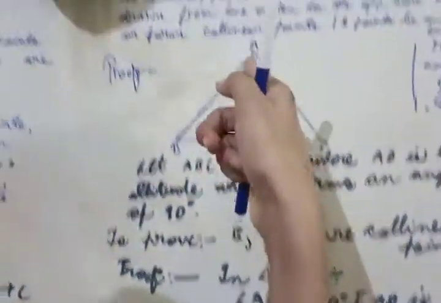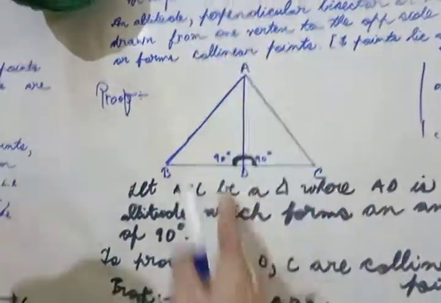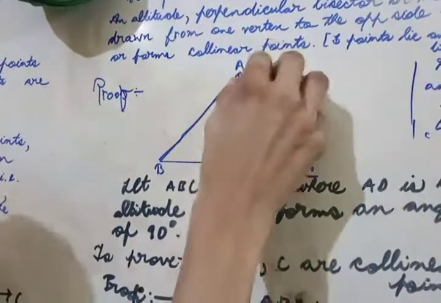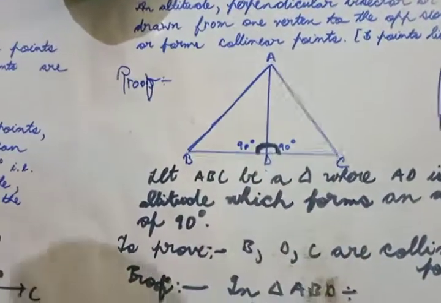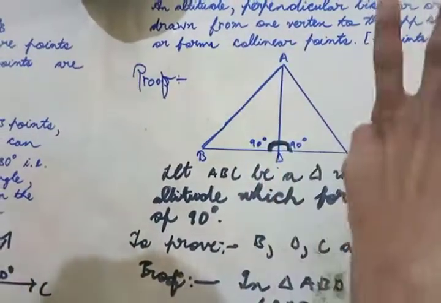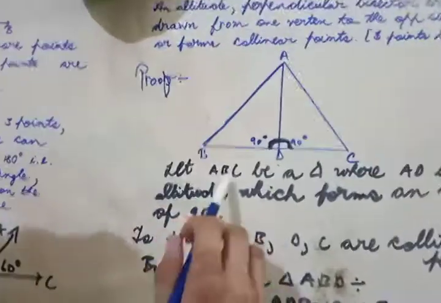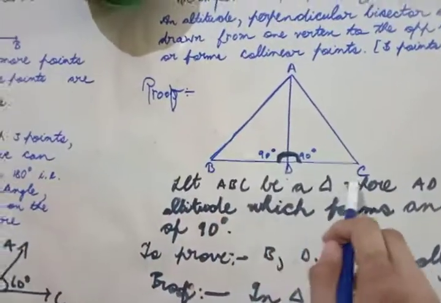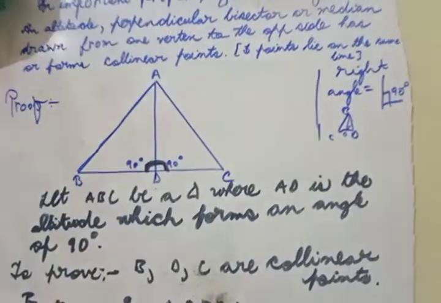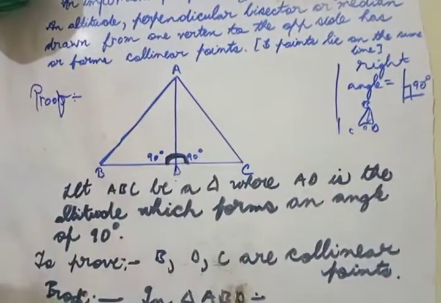So in this figure I have drawn the altitude. From vertex A I have drawn a line which meets BC at D, and this AD is an altitude which forms an angle of 90 degree. I have written here: let ABC be a triangle where AD is the altitude which forms an angle of 90 degree.